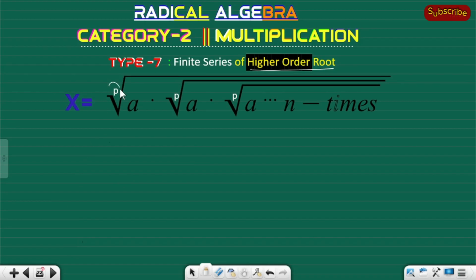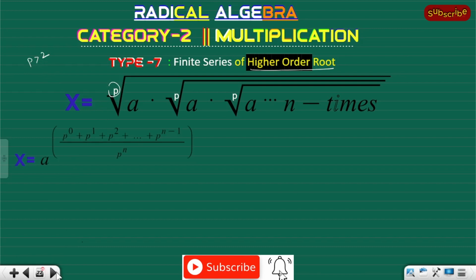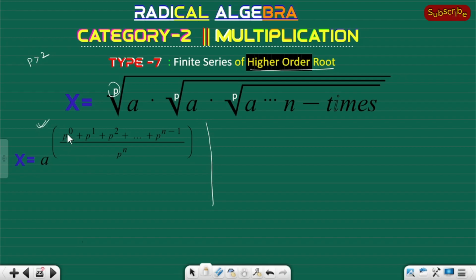Here p is greater than 2. For all p greater than 2, we have this. The traditional method is the same: p to the power 0 plus p to the power 1, p to the power 2, up to p to the power n minus 1. This method remains the same.